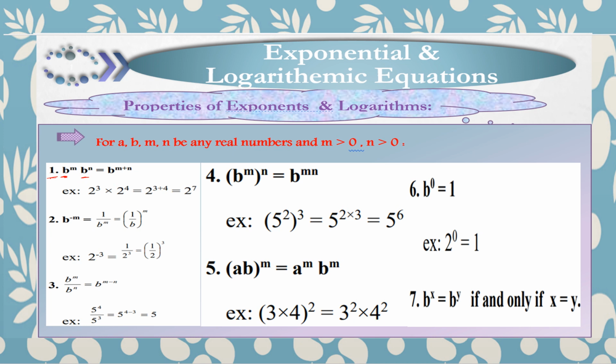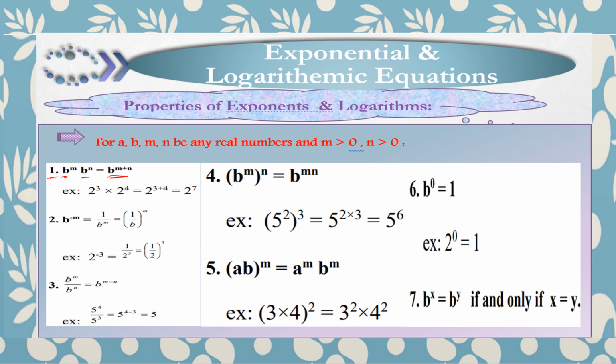So in the multiplication property, if we have the same base with different exponents, we add the exponents with the same base. So b power m times b power n equals b power m plus n.